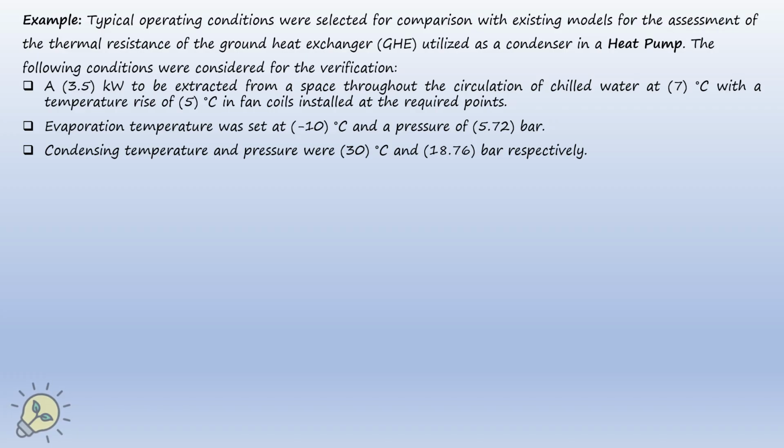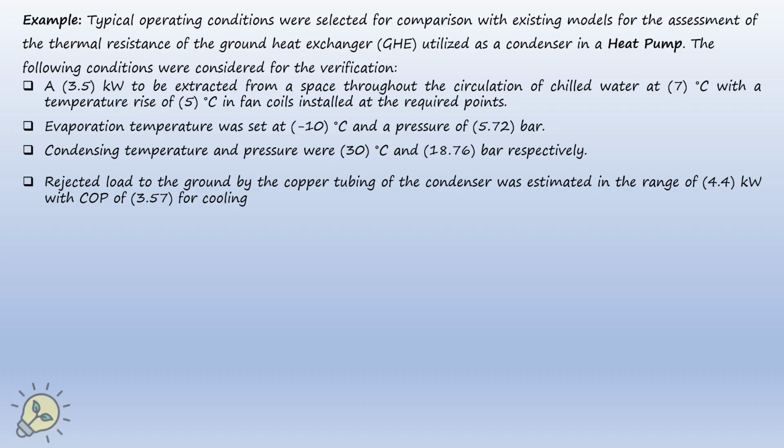Of course, these values represent the operating conditions for the refrigerant, which is R410A, circulated in this heat pump. The rejected load was estimated to be around 4.4 kilowatt, with a COP of this heat pump of 3.57 for cooling.